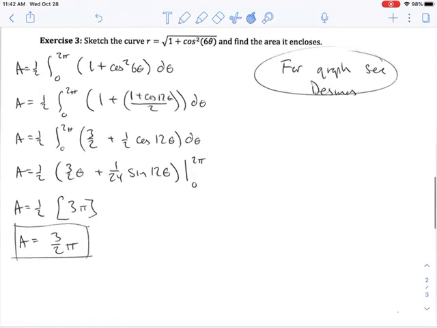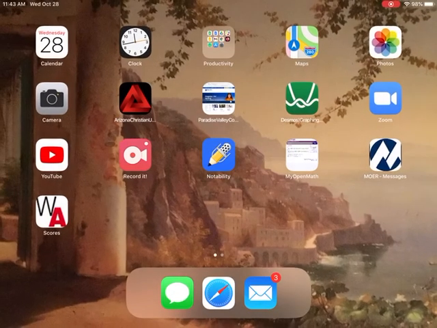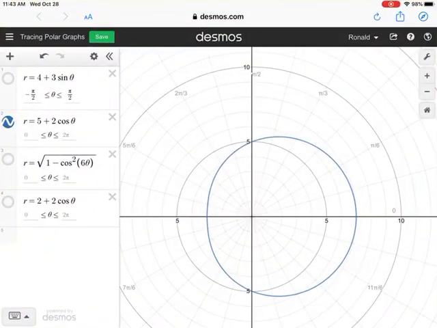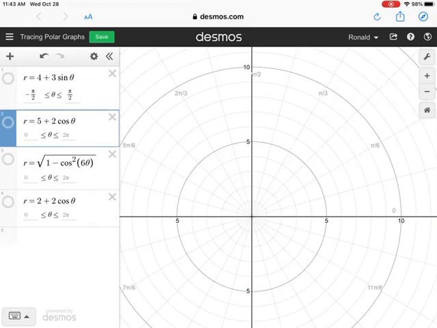Next one is a little bit trickier. We have r is equal to the square root of 1 plus cosine squared of 6 theta. Find the area it encloses. I have no intentions of attempting to graph that function, so we're going straight to Desmos. In Desmos, that curve looks something like this.